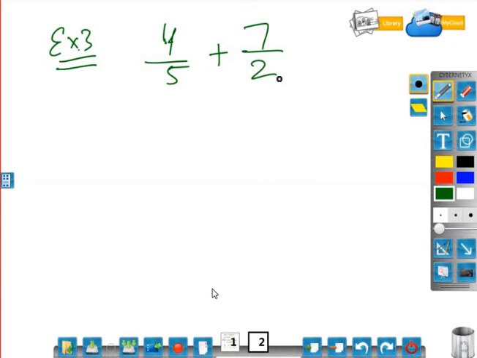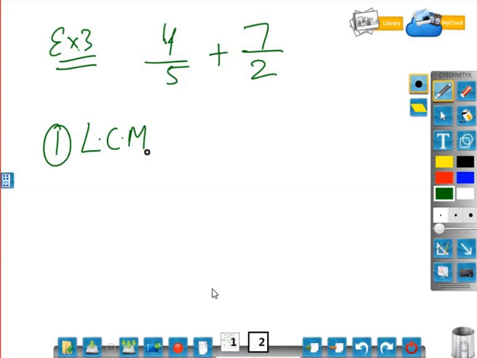Lowest common multiple means LCM. So the first step is to find the LCM of 5 and 2. Why do we need the LCM?